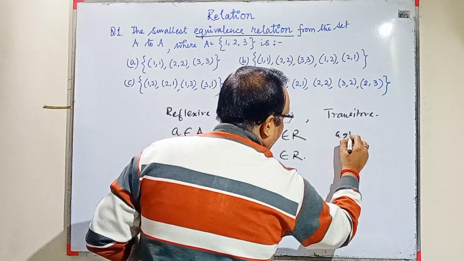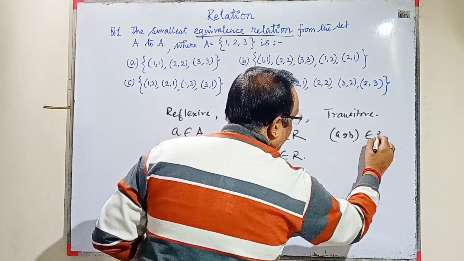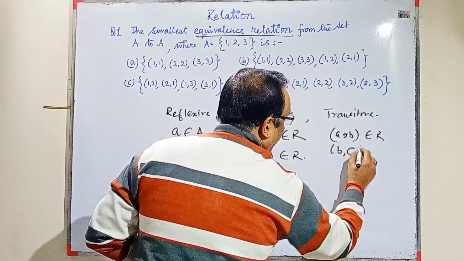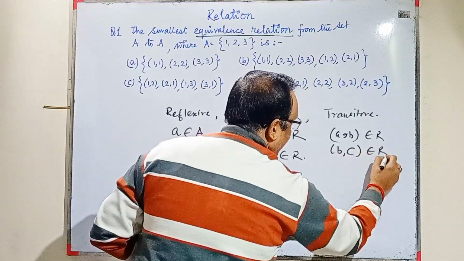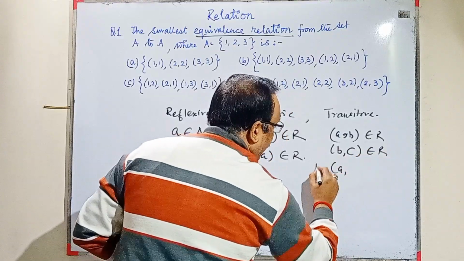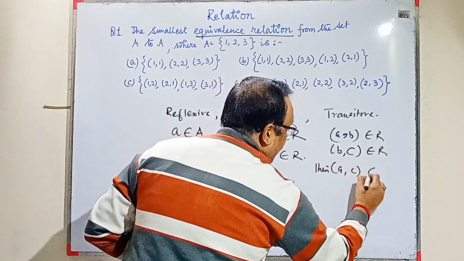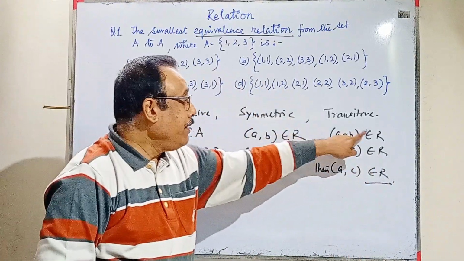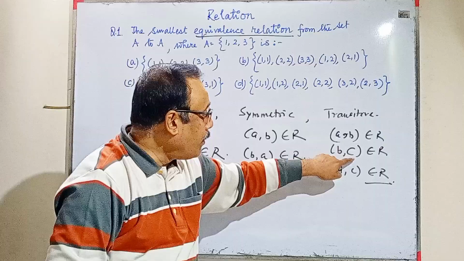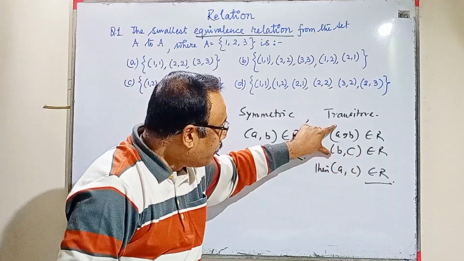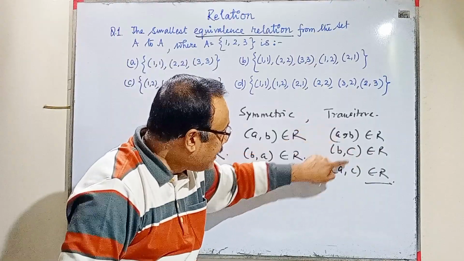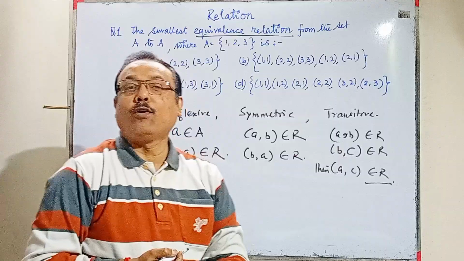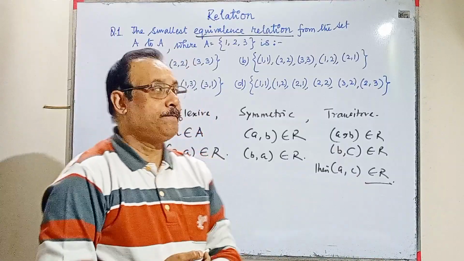Transitive says if (a, b) belongs to R and (b, c) belongs to R, then (a, c) must belong to R. From these two we get the ordered pair (a, c), which must belong to R.